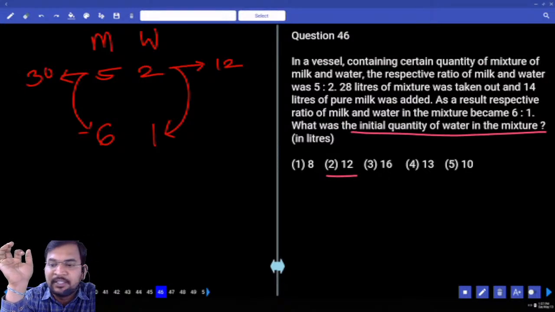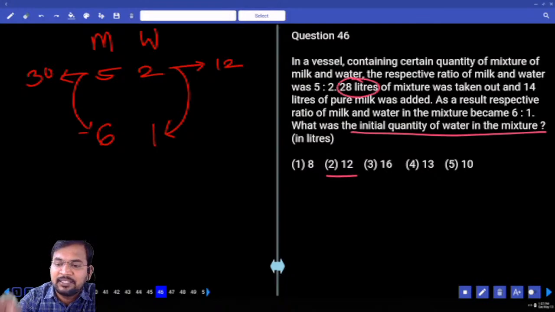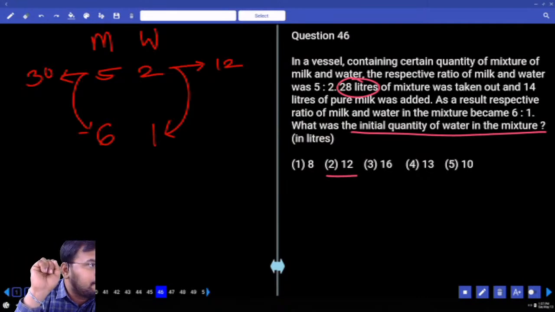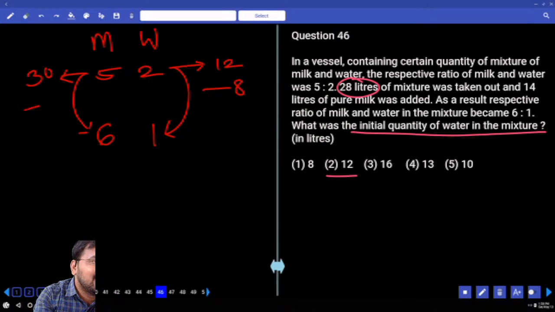And you are subtracting how many liters? 28 liters. 28 liters is nothing but 2/3 of 42, na? 28 is 2/3 of 42 or not? And 2/3 of water is coming out, 2/3 of milk is coming out. 2/3 of 12, 2/3 of 30, 20.